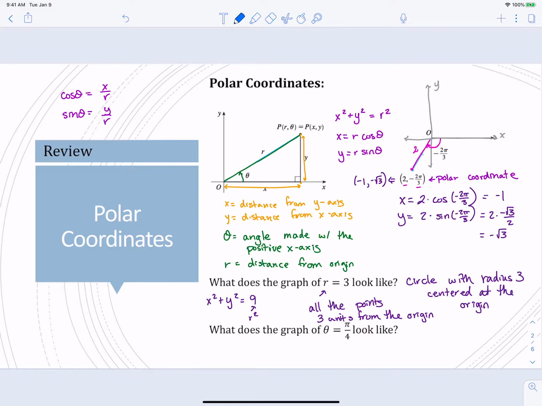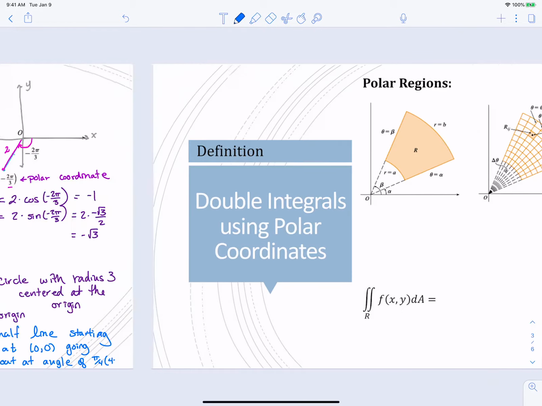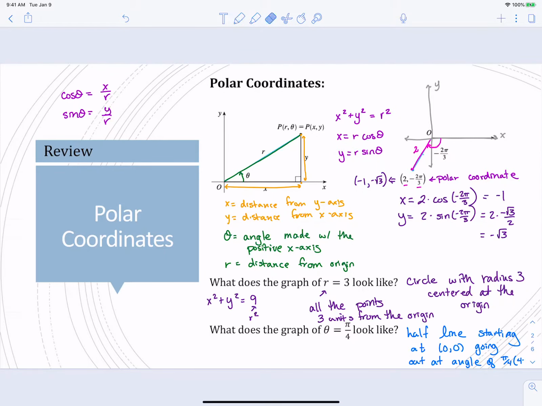This would be sort of a half line starting at 0, 0, and then going out at an angle of pi over 4, which is 45 degrees.